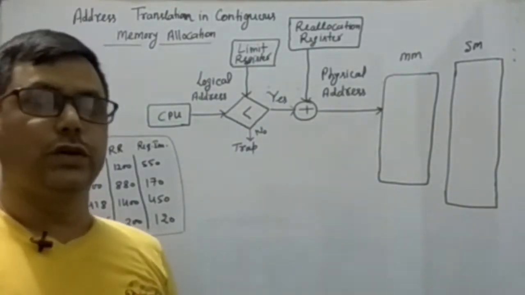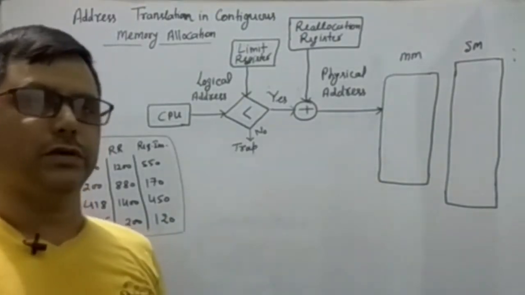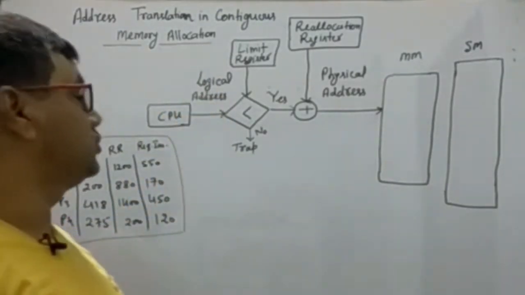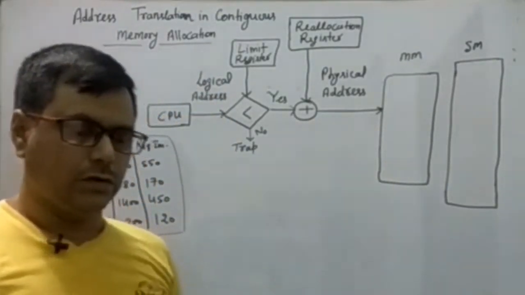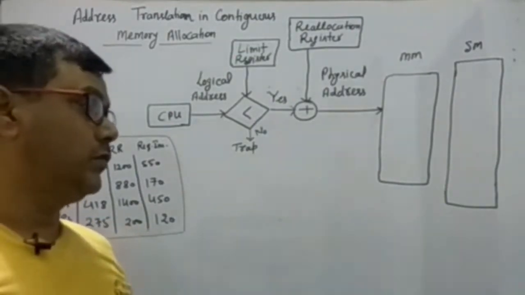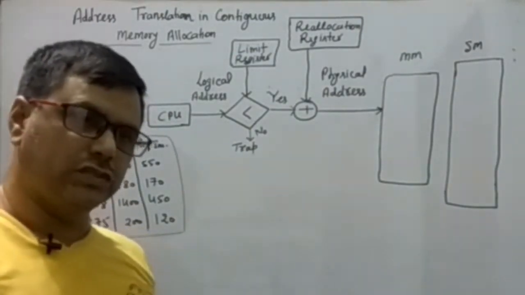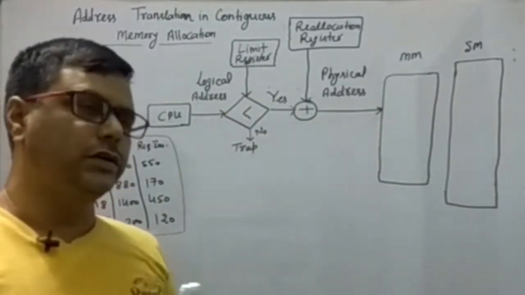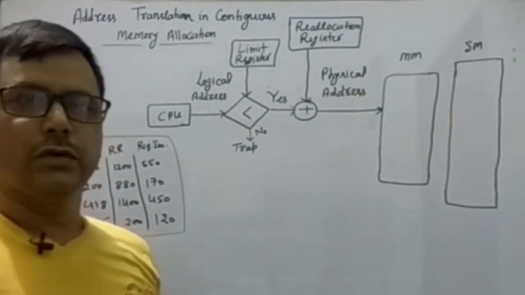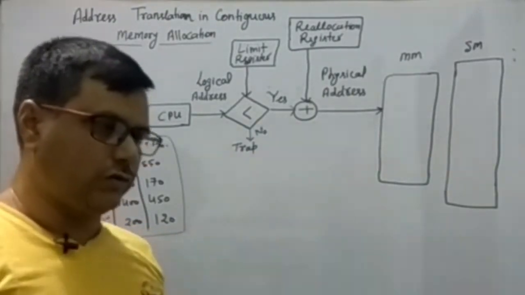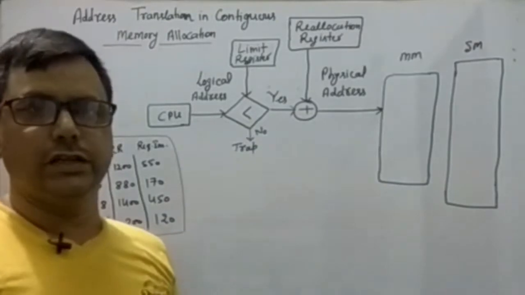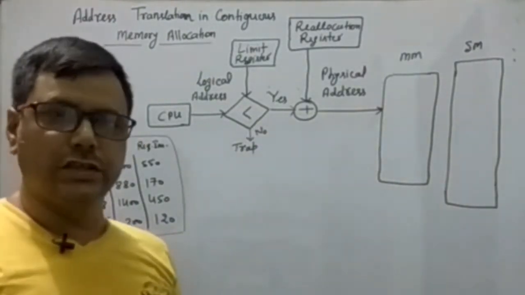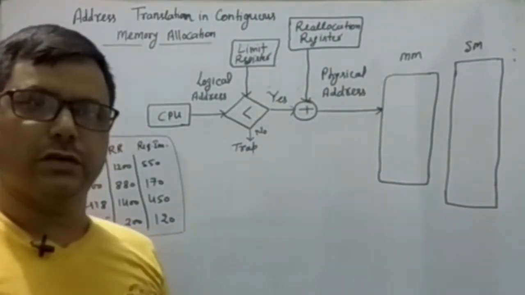And today we are going to discuss a very important topic, that is address translation in contiguous memory allocation. In our earlier videos we have already discussed what the contiguous memory allocation techniques are, how the content is stored into the memory, and what the different kinds of allocation techniques are: fixed partitioning and variable partitioning.